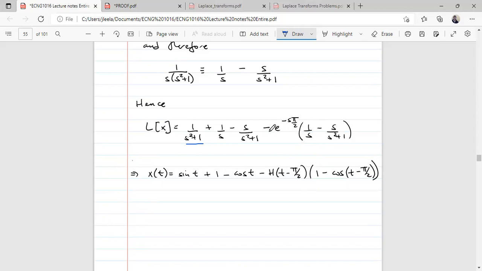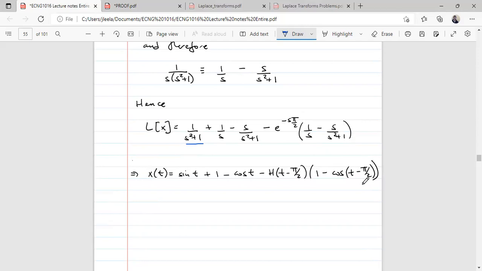And then it will be plus, because minus minus is plus, the same Heaviside t minus pi over 2. And the Laplace inverse of this function is cos t, right? But because this part has a pi over 2 in it, you have to write it as cos of t minus pi over 2.